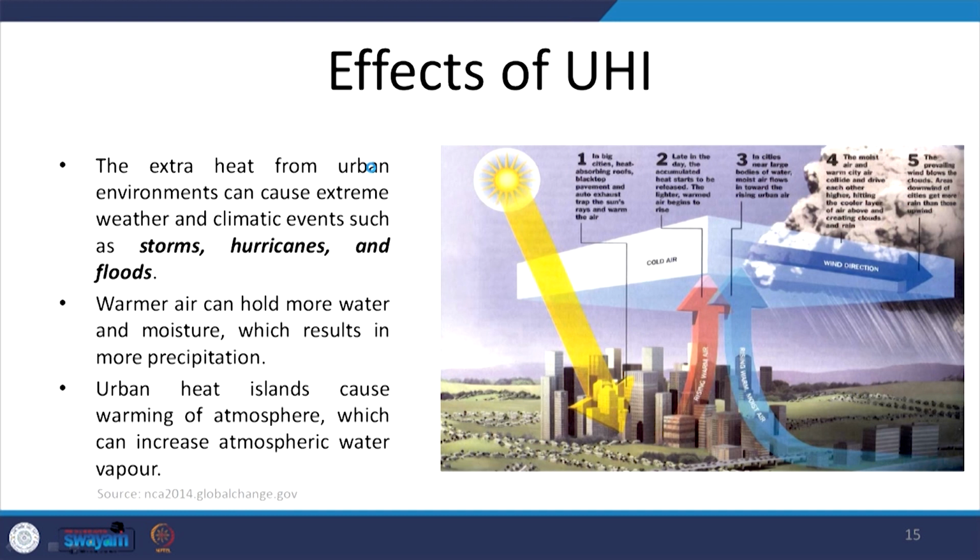So, if the city becomes much hotter, depending upon the geographic context, the city may not allow for the formation of clouds and hence the precipitation, or in some other cases it may, that is totally dependent upon the geographic location and the context. In some other cases it may happen the other way around. The city may attract and allow formation of more clouds leading to a flood-like situation. So, this is an impact of urban heat island.